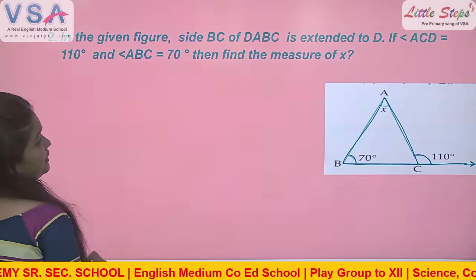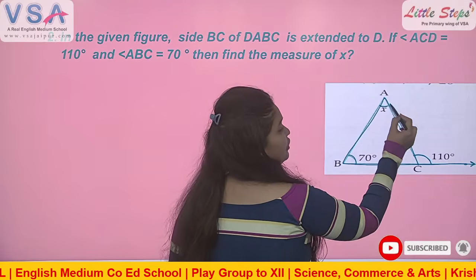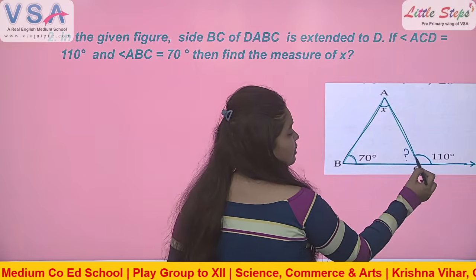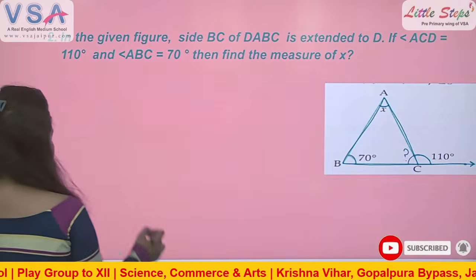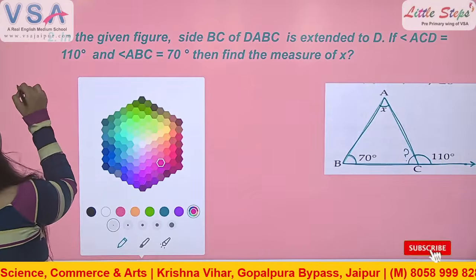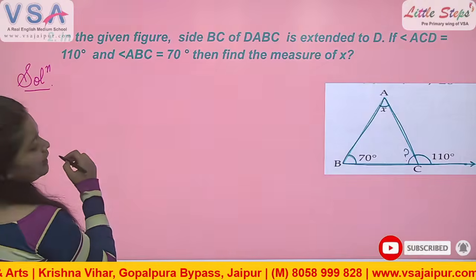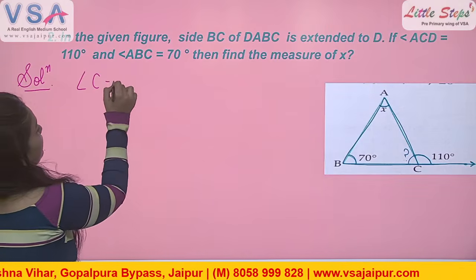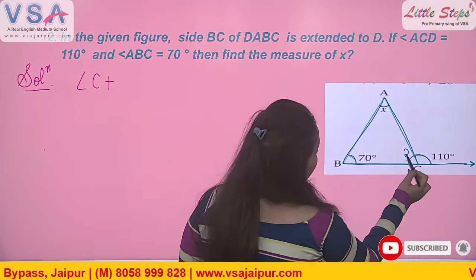First of all, how will we find the value of X? First we have to find this value using linear pair. So first thing first, that is angle C. Two angles are forming at C, but when I'm writing angle C, I'm talking about this angle.